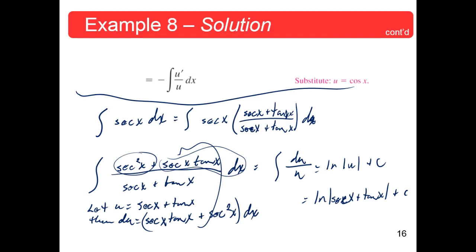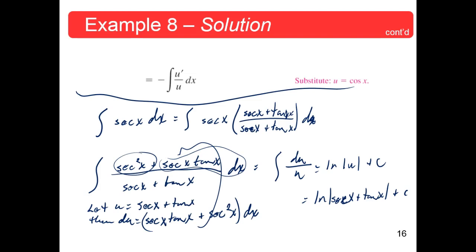Tangent is very negative on one side, very positive on the other side. But secant, I believe, is always greater than tangent. So I believe that always does turn out something positive. So therefore, you could lose the absolute value if you're between minus pi halves and pi halves.